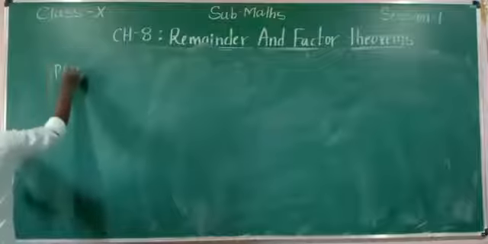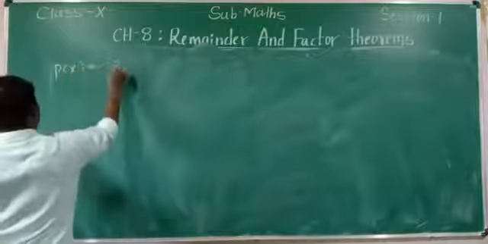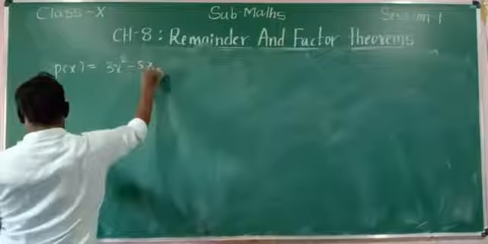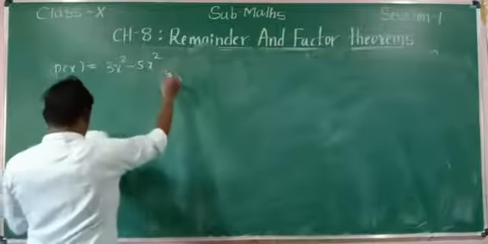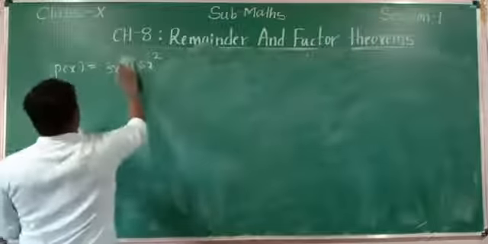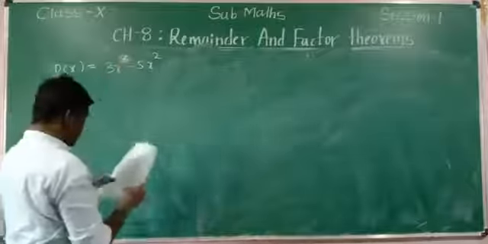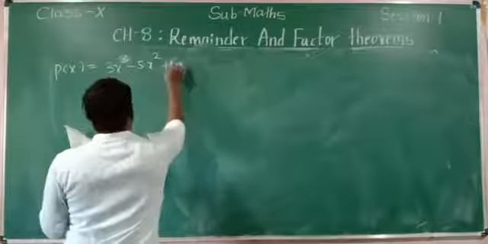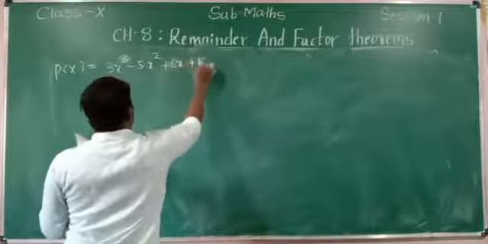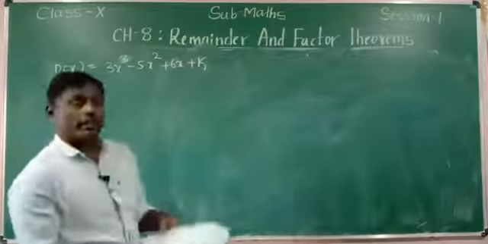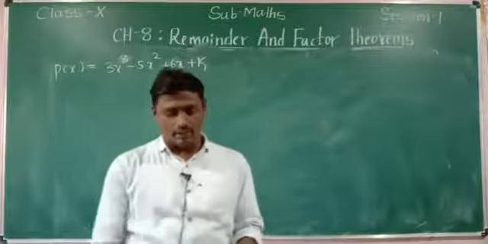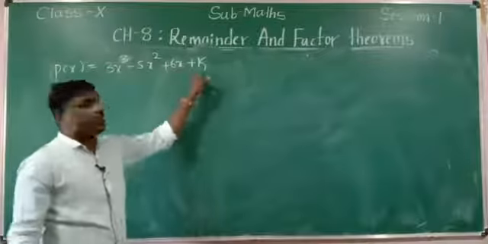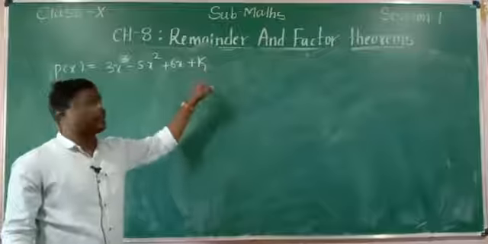So the given polynomial is p of x equal to 3x cube minus 5x square plus 6x plus k, where k is the required number that we are adding.